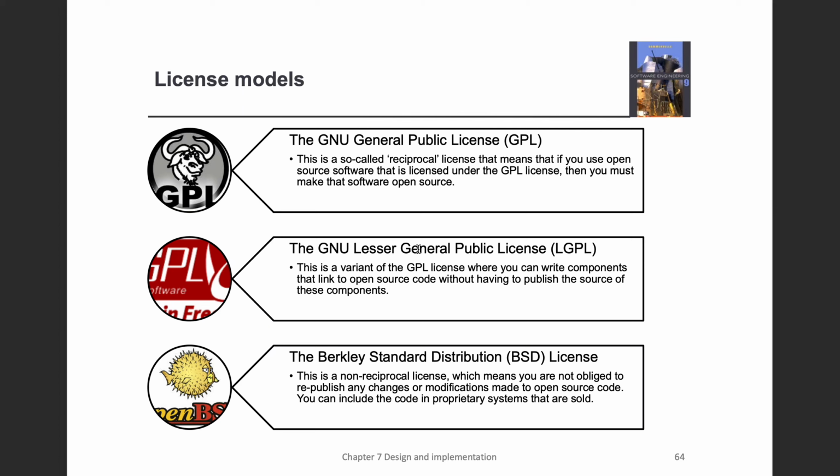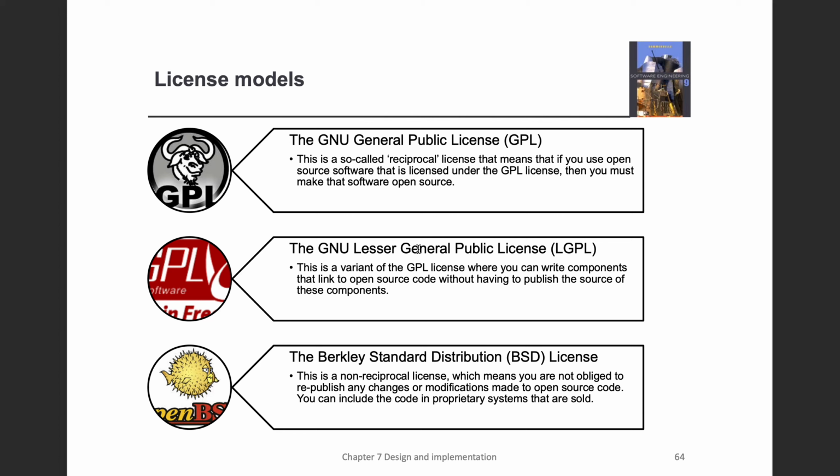That means that if you use open source software that is licensed under the GPL license, then you must make your source code open source. So if you use any open source software from this model, then your software should also be open source.